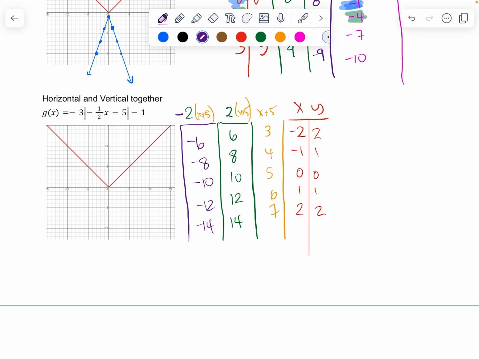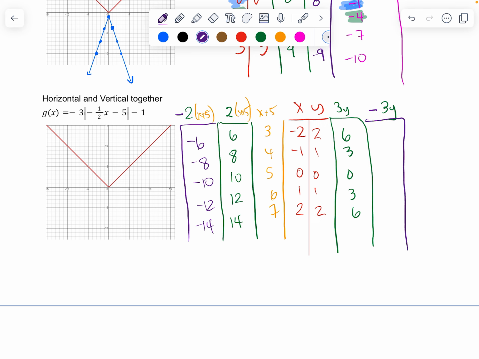Then I need to do the vertical side of everything. The first thing I do is a shrink or a stretch. So I'm going to take the number on the outside, 3, and multiply that by the y value. So that's 6, 3, 0, 3, 6. Then I'm going to reflect it. So that's the opposite of the 3y: -6, -3, 0, -3, -6.